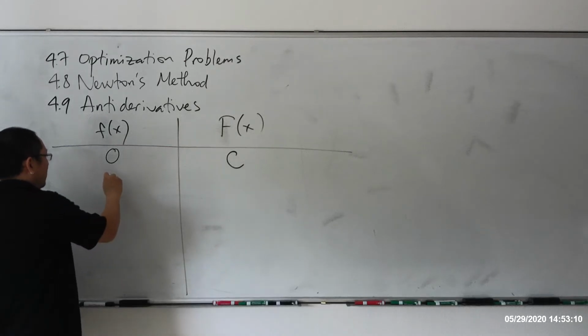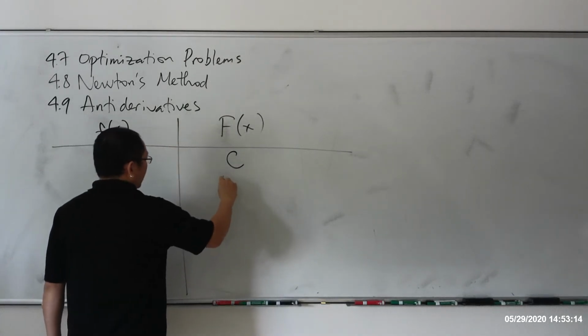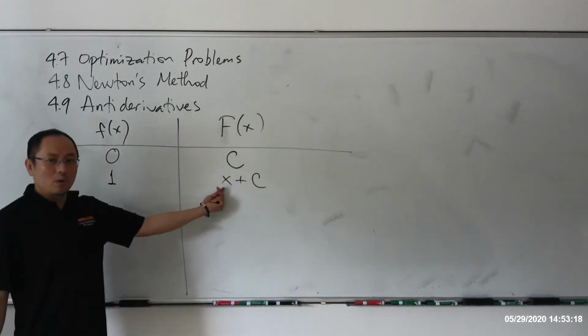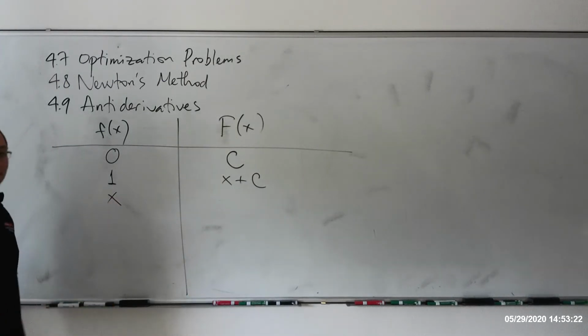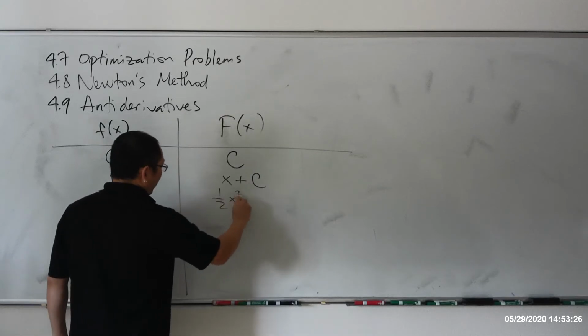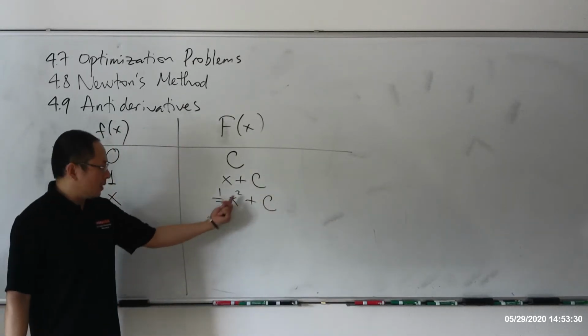If f of x is equal to 1, the antiderivative is x plus c, because the derivative of x is 1, and the derivative of c is 0. Okay? This is x. The antiderivative of x is 1/2 x squared plus c. You guys see why I got 1/2 right here? Because I want to cancel out the 2.